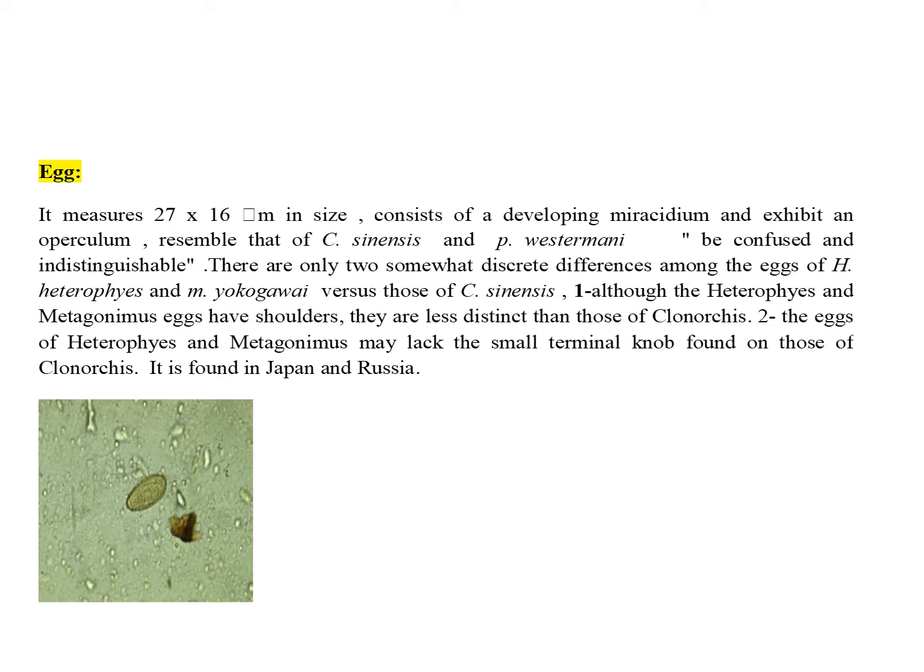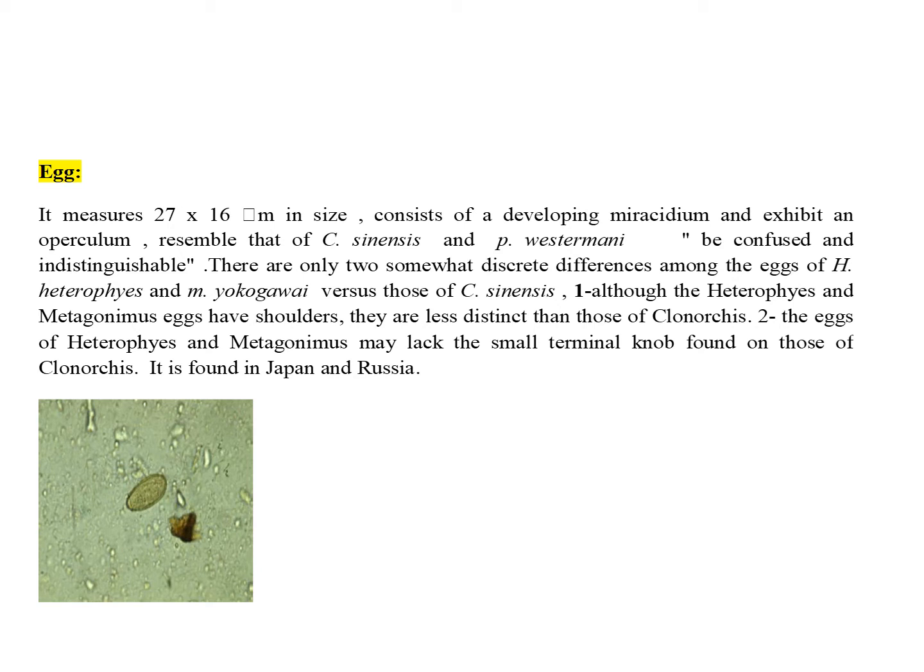Yes, it is operculated. It resembles that of Clonorchis sinensis and Paragonimus westermani, and can be confused and indistinguishable. There are only two somewhat discrete differences among the eggs of Heterophyes and Metagonimus yokogawai versus those of Clonorchis sinensis.